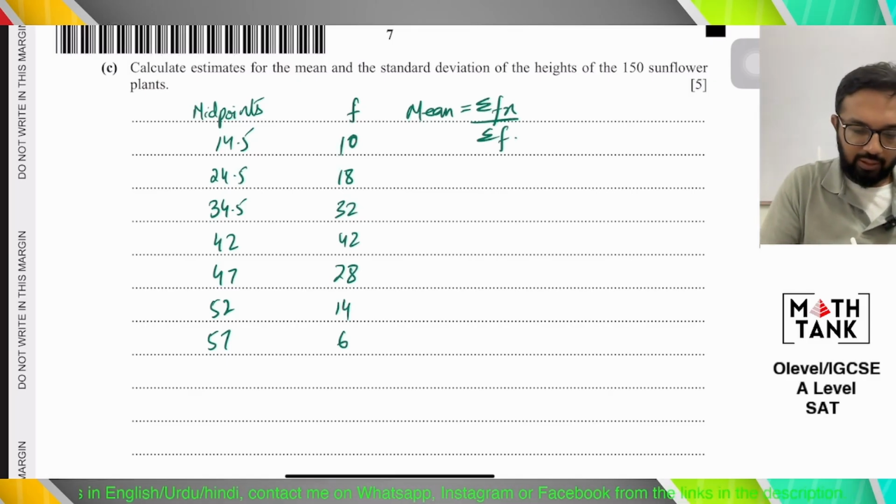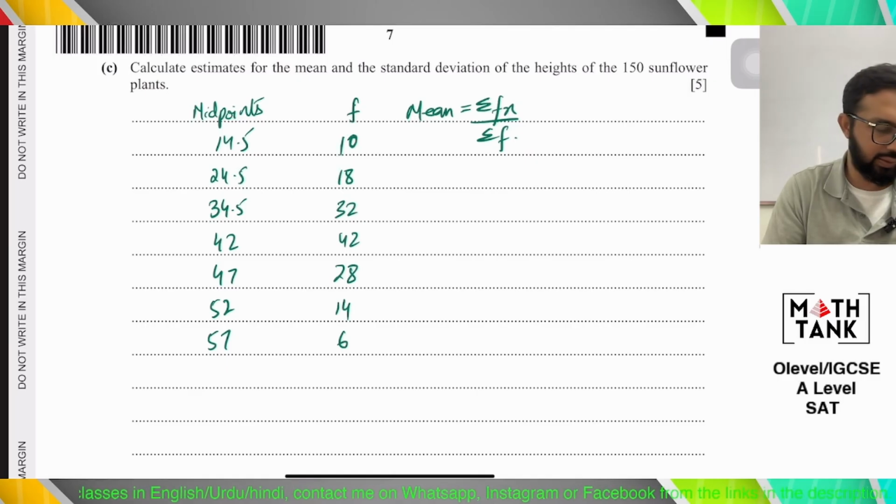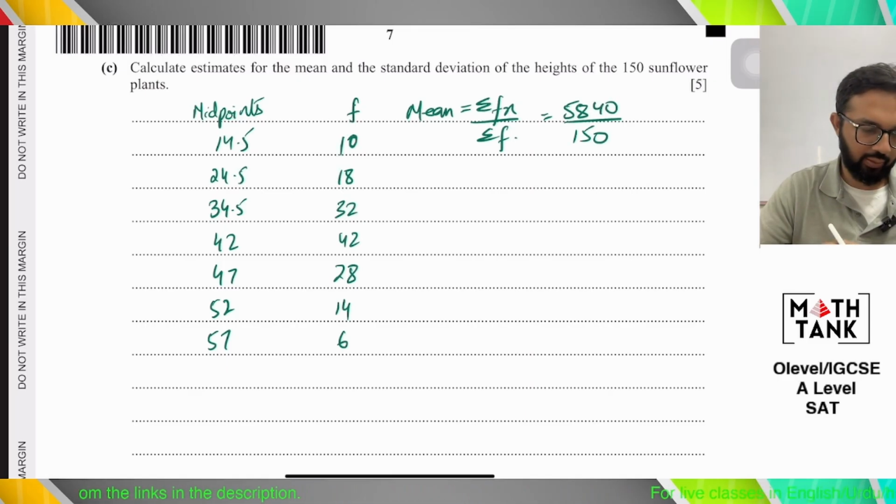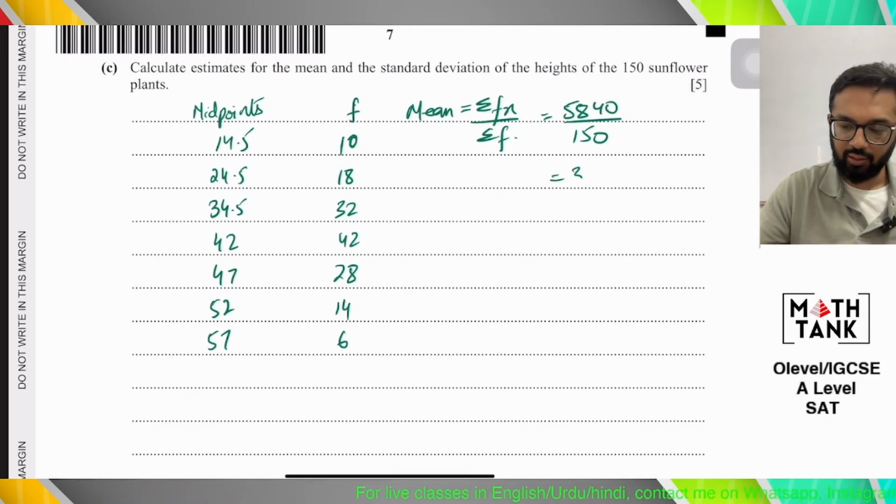So let's start multiplying. 14.5 into 10, 24.5 into 18, plus 34.5 into 32, plus 42 into 42, plus 47 into 8, plus 52 into 14, plus 57 into 6 is 5840 divided by 150, which is 38.9.